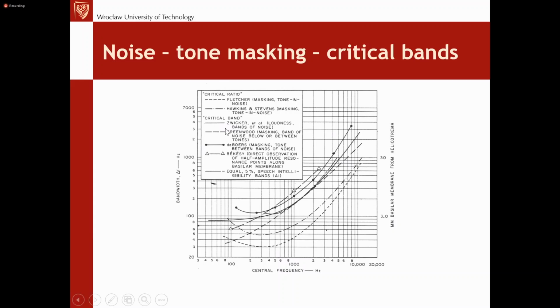And so this bandwidth reaches from 50 hertz up to several kilohertz for higher central frequency values.